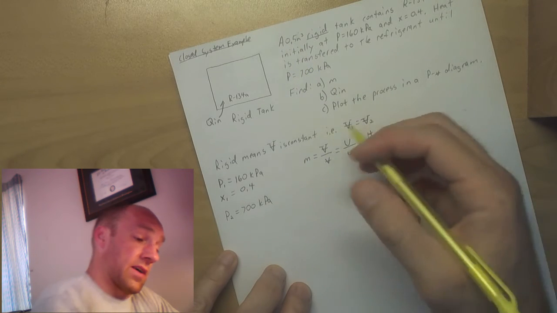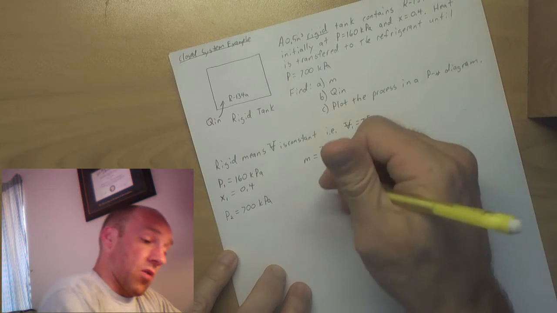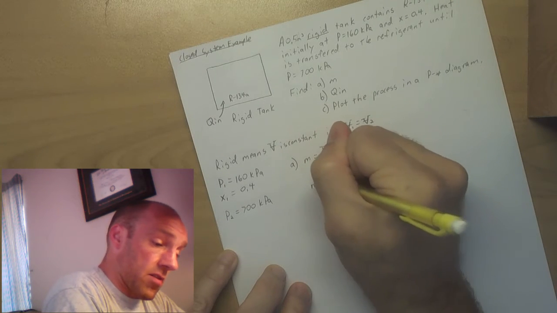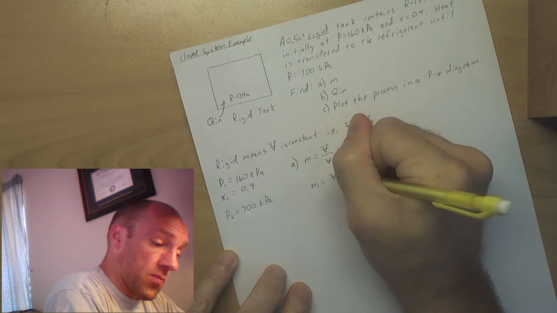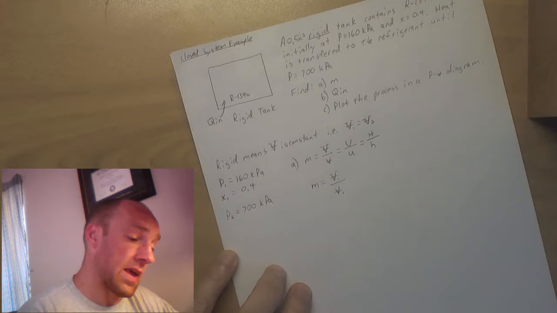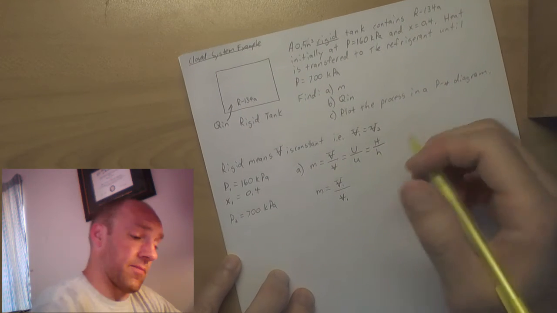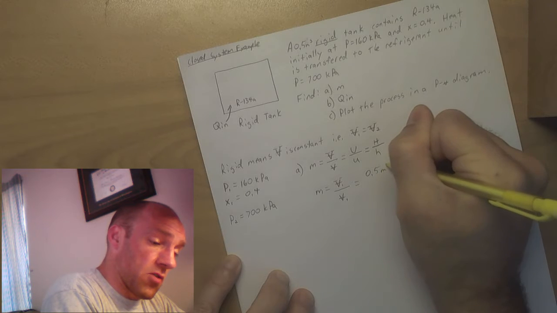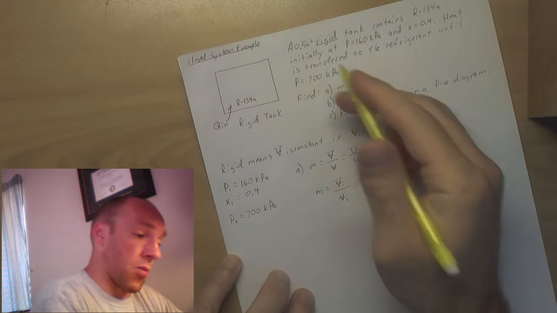So I'll take the mass to be equal to the volume at state 1 divided by the specific volume at state 1. And the volume is 0.5 meters cubed from the problem statement.